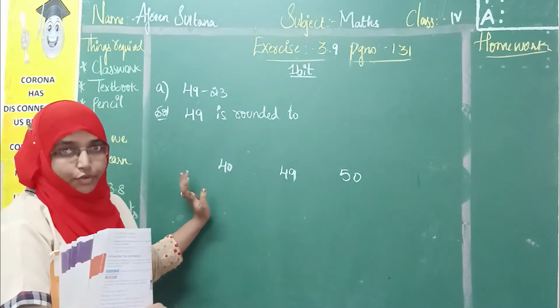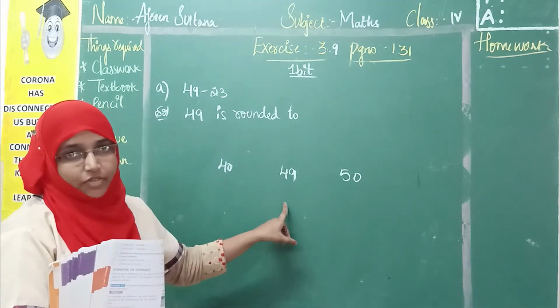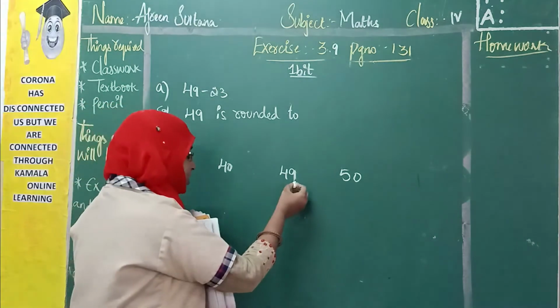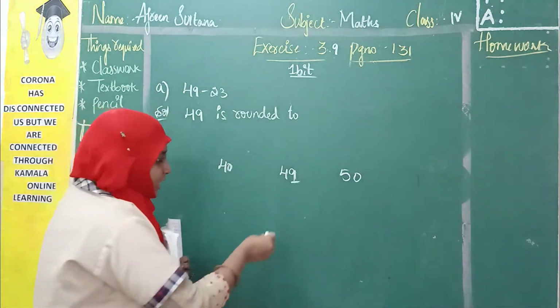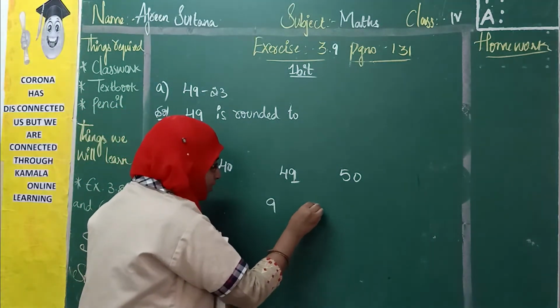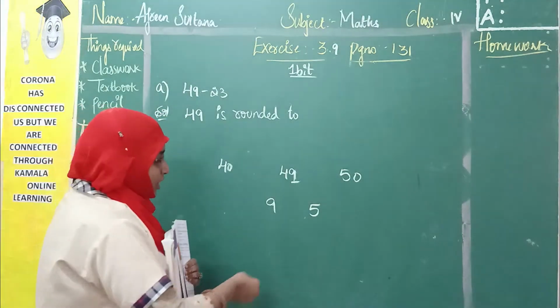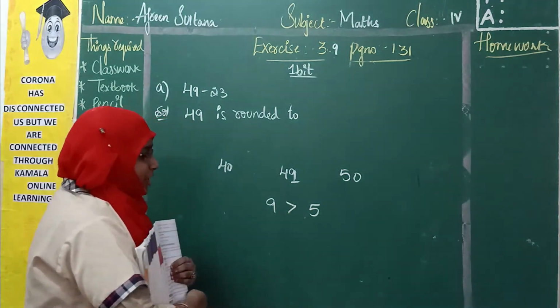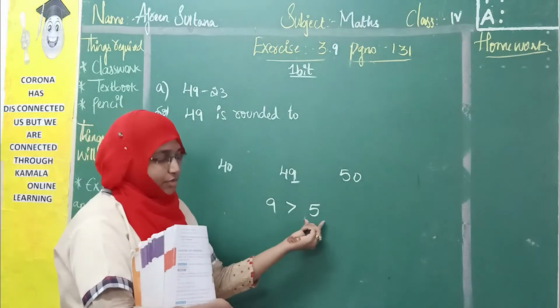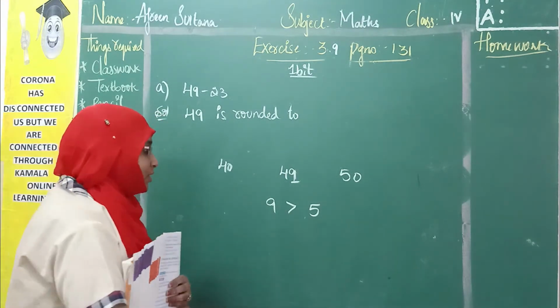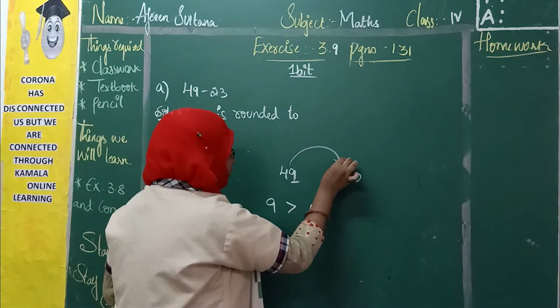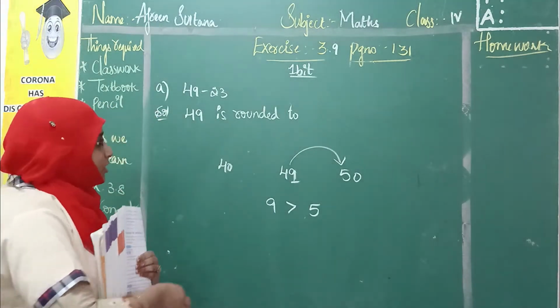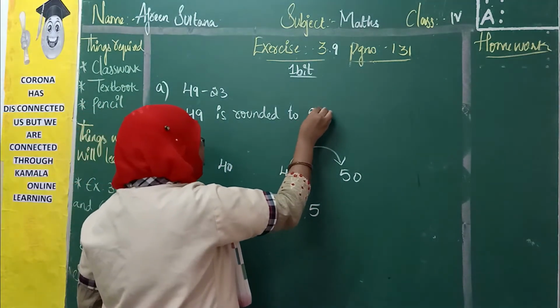Whenever we are rounding off to 10, we need to check the number at ones place. The digit at ones place is 9. That 9 we are going to compare with 5. As you know, 9 is greater than 5. Whenever any number is greater than 5, then we will round up. Rounding up means it is 50. So 49 is rounded to 50.